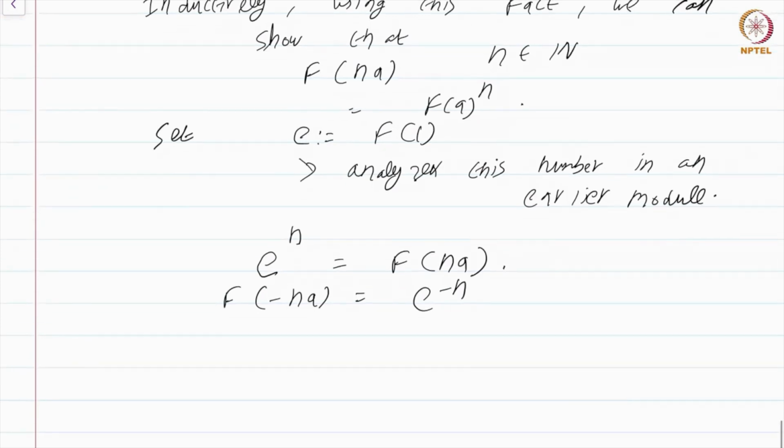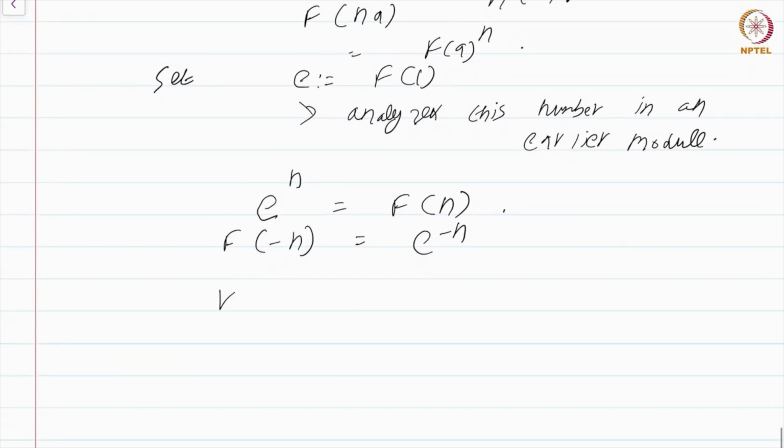So what we have got is, at least for certain quantities, e power n is f of n and f of minus n is e power minus n.